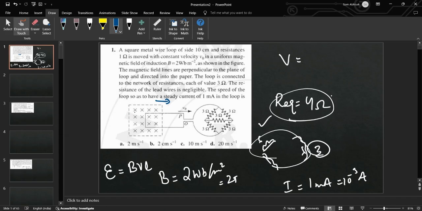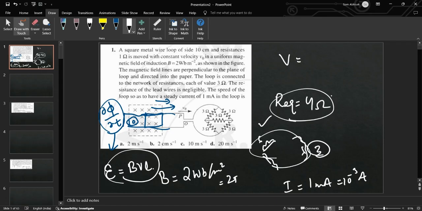Suppose there are 10 magnetic field lines going into the loop. Now it is moving away, and now it's here. So the magnetic field lines have decreased, so there is a change in flux. Because of the change in flux, delta phi by delta t, there is EMF, and EMF is equal to BVL for a moving loop.